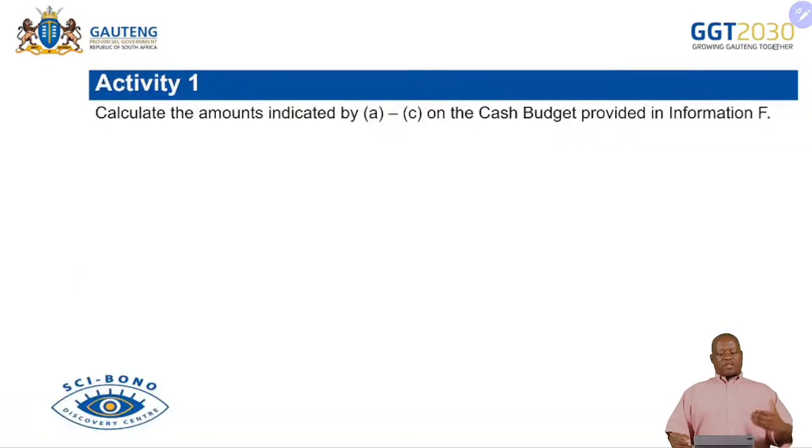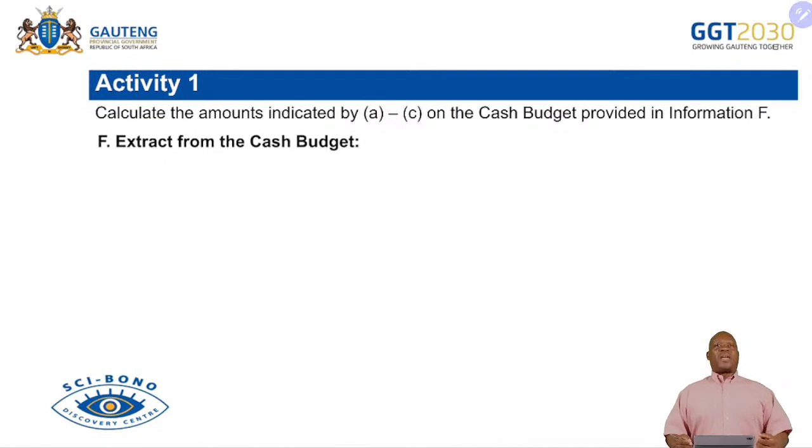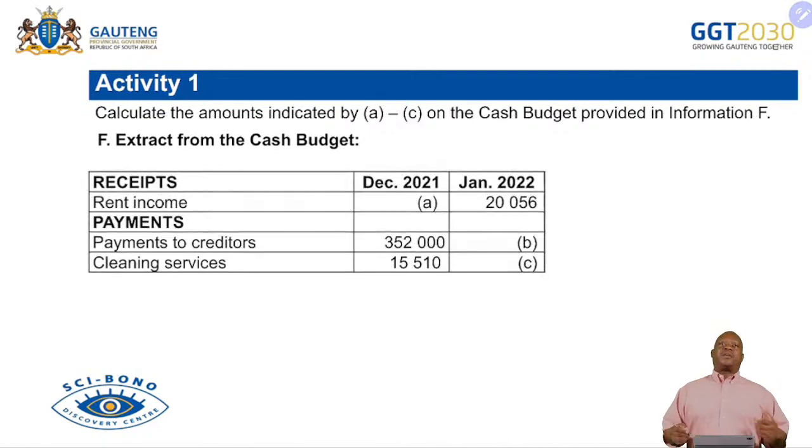Now, let's move on and look into the activity now that is giving us missing items from the cash budget, and we are expected to find those missing items. So they are saying here we are having an extract from the cash budget. So you can see A, it's our rent income for the month of November that is missing.